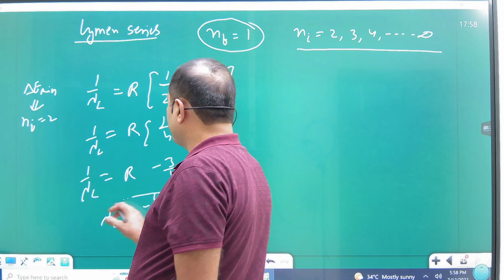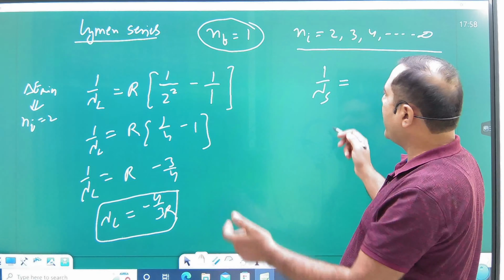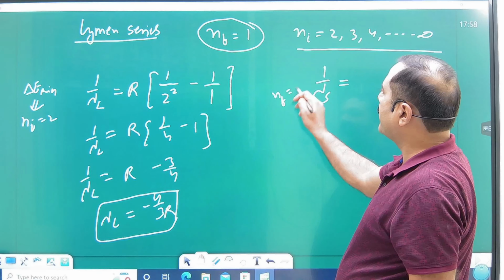Now, for lambda to be shortest, the energy difference must be maximum. So n initial is equal to infinity.